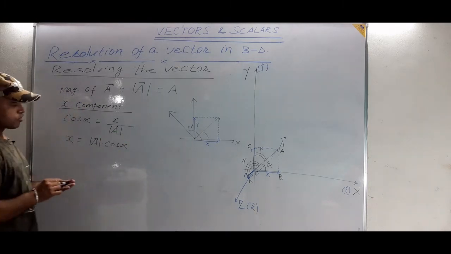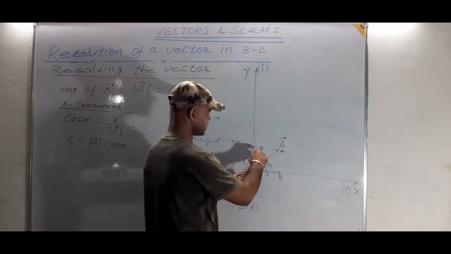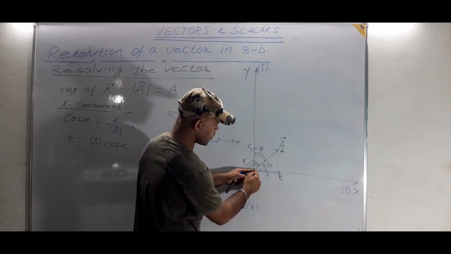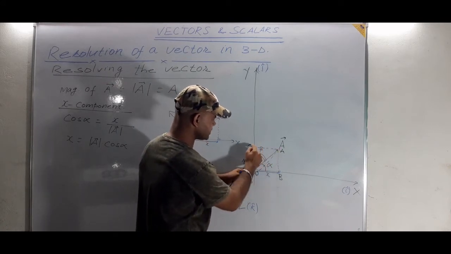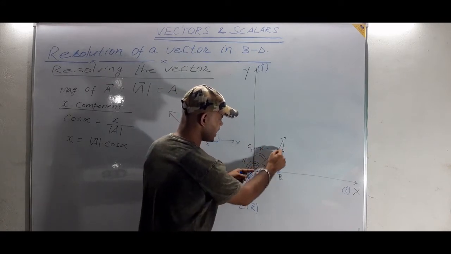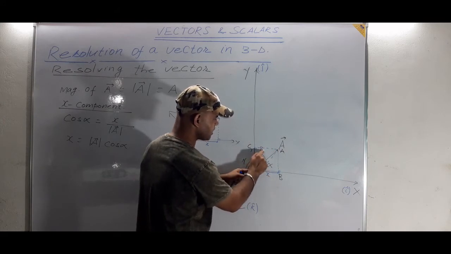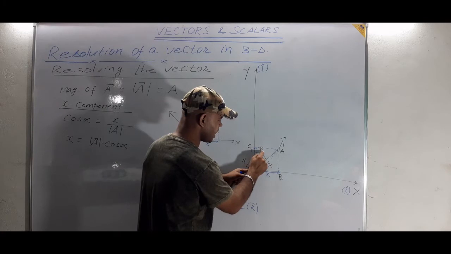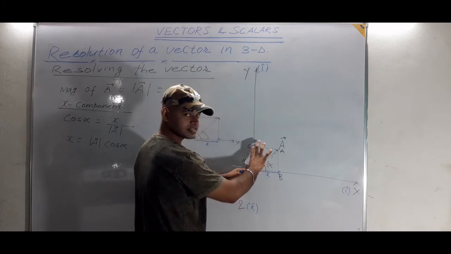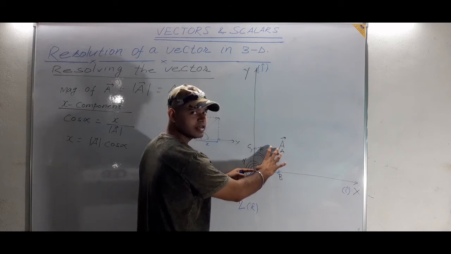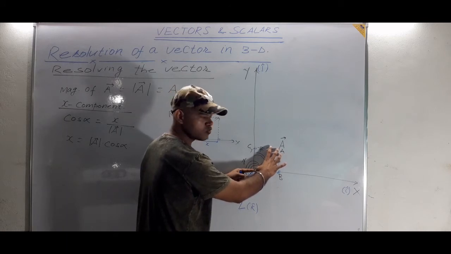Similarly, if we want to find its y component, look in this triangle OAC. The angle is beta. So cos of beta will be base, that is the y component, upon hypotenuse, again the length of the arrow, that is the magnitude of the vector.